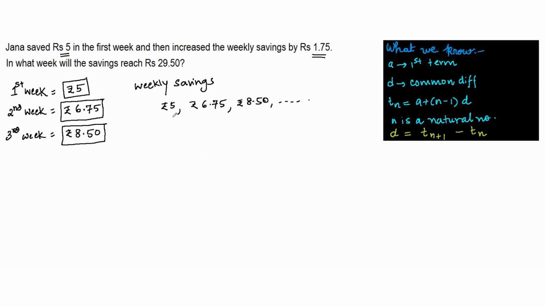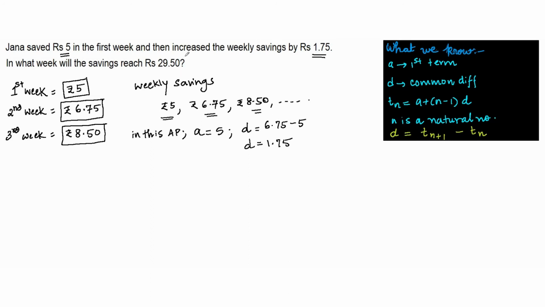We notice that the weekly savings are in an arithmetic progression. So in this AP, I can say that the first term is 5 and the common difference is 6.75 minus 5, which is equal to 1.75, right? This is the common difference.